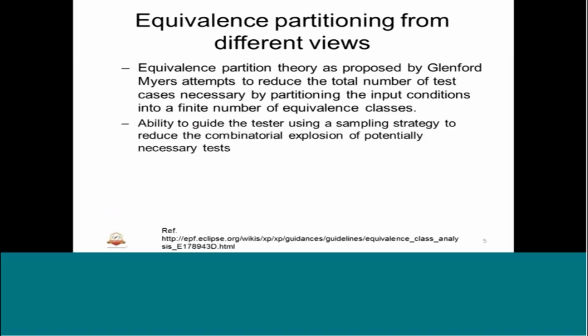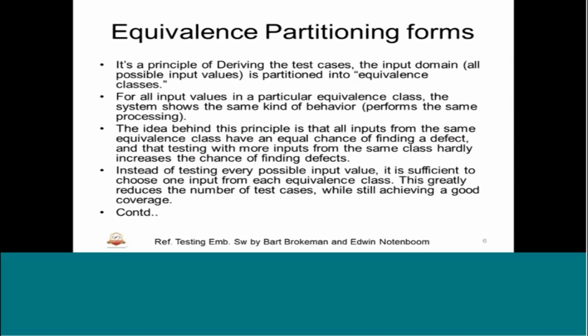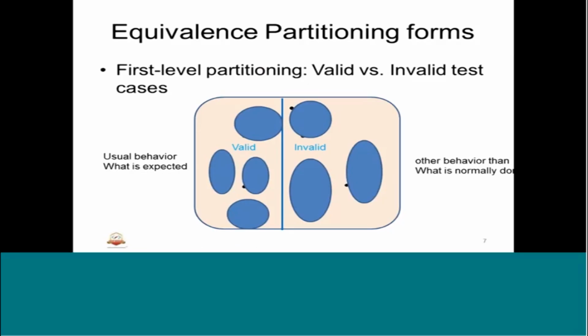Also we understood that the basic purpose is to reduce the total number of test cases by partitioning the input conditions into a finite number of equivalence classes. We also studied the first level of valid and invalid test cases.